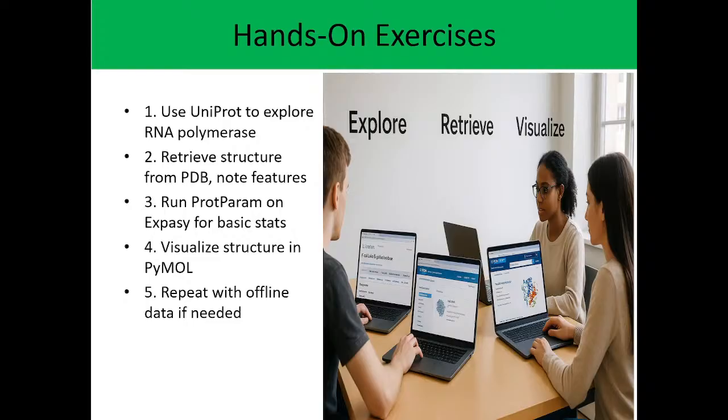And you should be able to retrieve the structure from PDB, and take note of some features. Then you'll be able to run ProtParam on Expasy using basic statistics. Then you should be able to visualize your structure in PyMOL. All this should be done even offline.